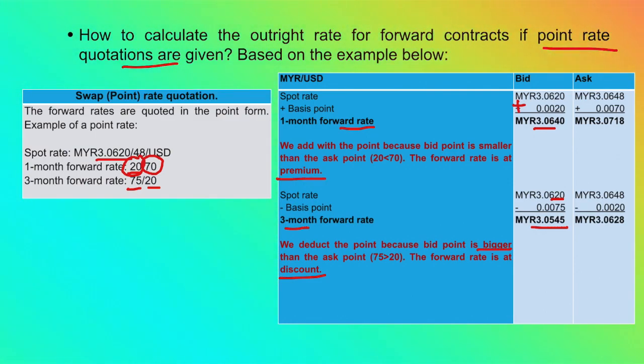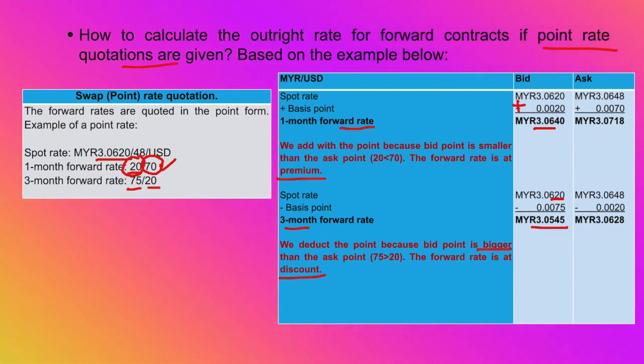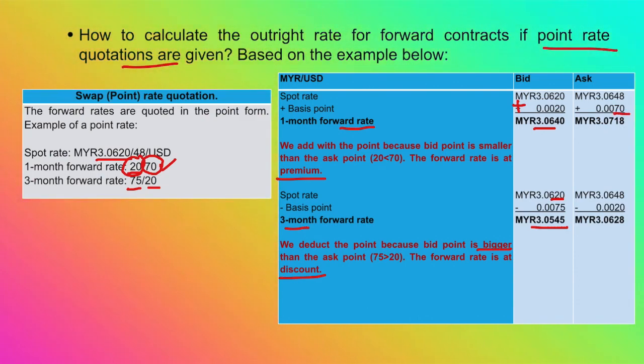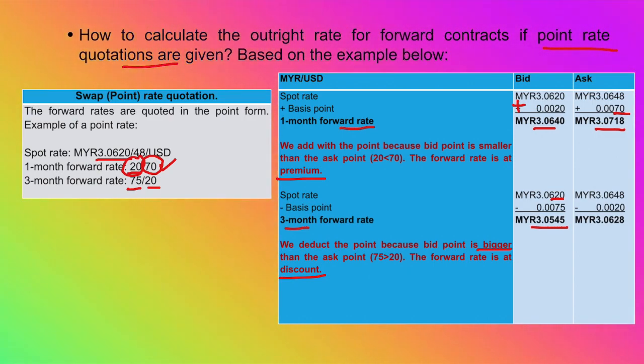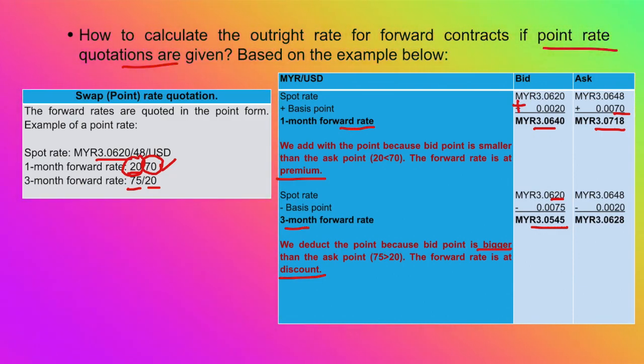Okay, similar to ask rate, we will use the ask rate 3.0648 plus 70. So you will get 3.0718. And for 3 months forward rate, because bid is greater than ask rate, we have to minus: 3.0648 minus 0.0020.